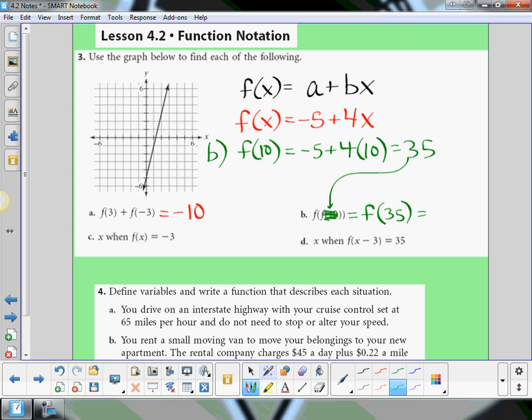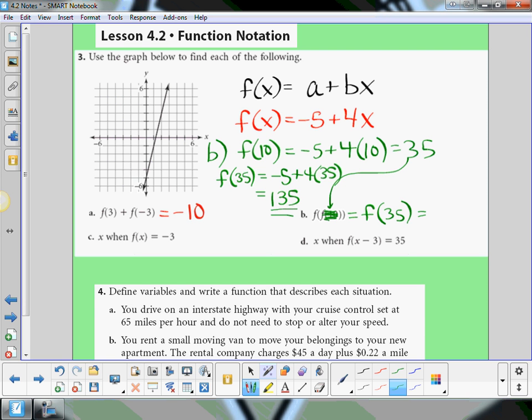All right, so you plug in 10, you get 35, plug in 35, and what do you get? -5 plus 4 times 35. 4 times 35 is 140, minus 5 is 135. So that's the final answer for B.